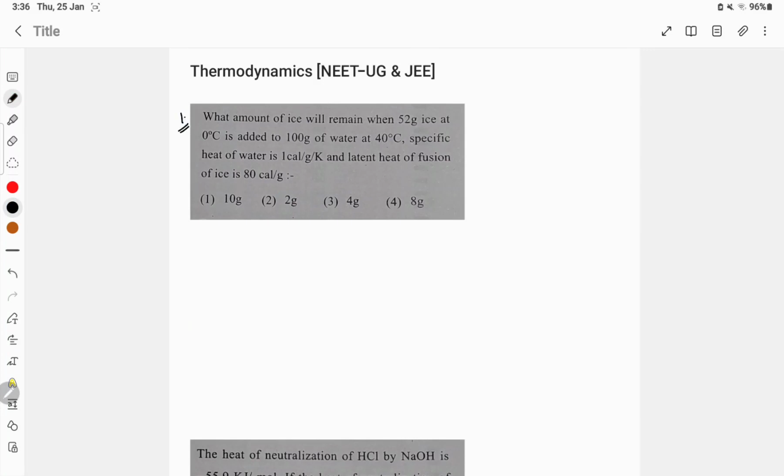1. What amount of ice will remain when 52 grams of ice at 0 degrees Celsius is added to 100 grams of water at 40 degrees Celsius? It is given that specific heat of water is 1 calorie per gram per Kelvin and the latent heat of fusion of ice is 80 calories per gram.